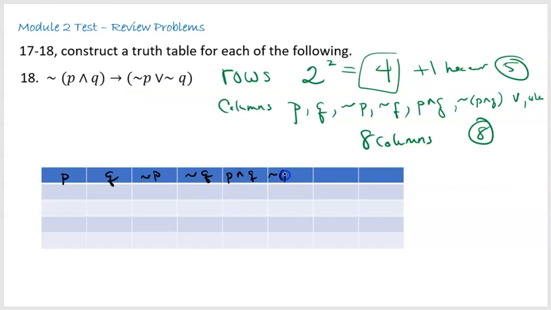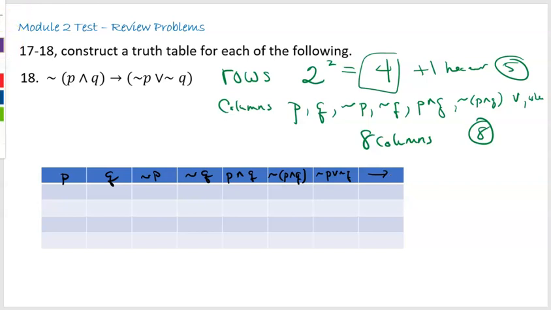So not P and Q. Notice you can't do more than one thing at a time. Always do a column for every little thing. And then I have a set of parentheses over here for not P or not Q. And then finally I have the if-then statement. So I'm just going to put the if-then right here, and then we'll note what columns we're using to do that. Okay? So let's fill in.